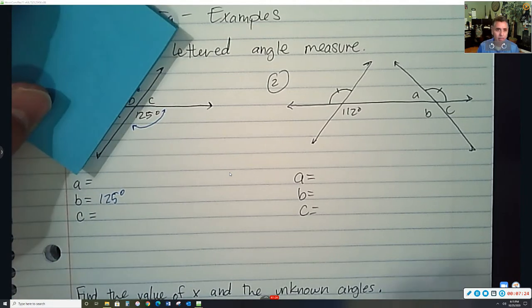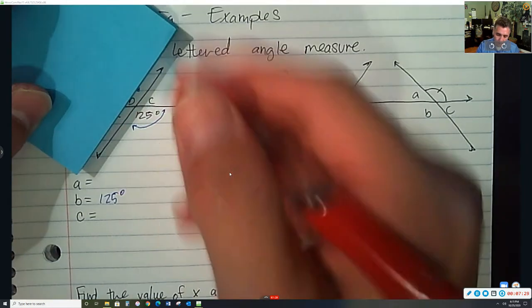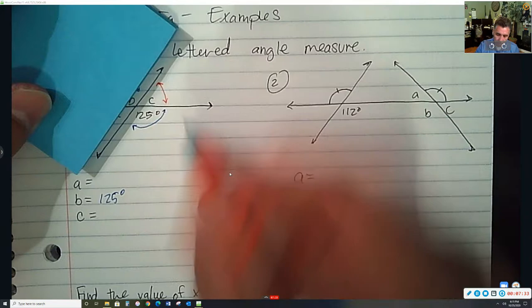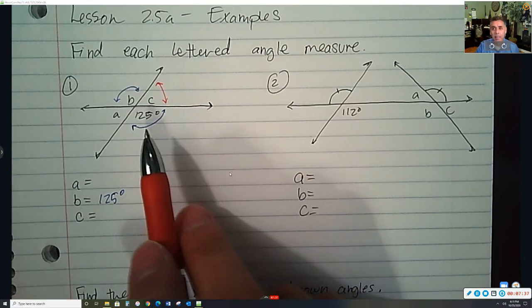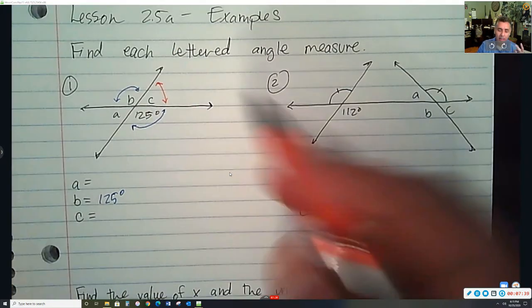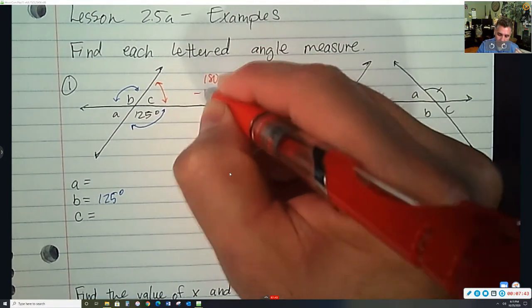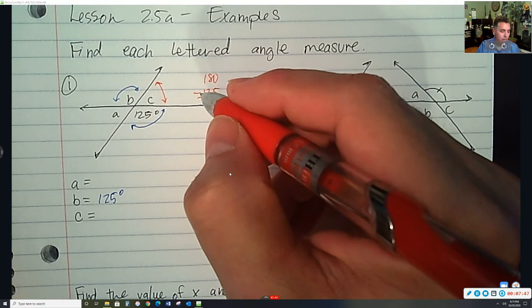So let's say if I cover that up, see how this is a line here, and then these two angles, the 125 and then angle C, make a linear pair. That means they equal 180. So if I want to figure out what C is, I take 180 and subtract 125, and I believe that's 55.